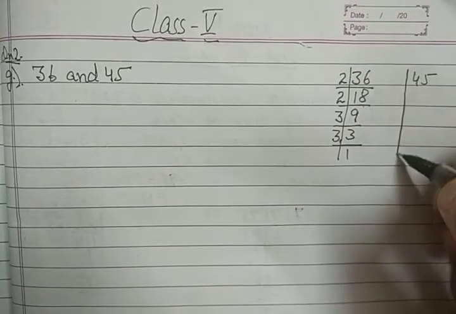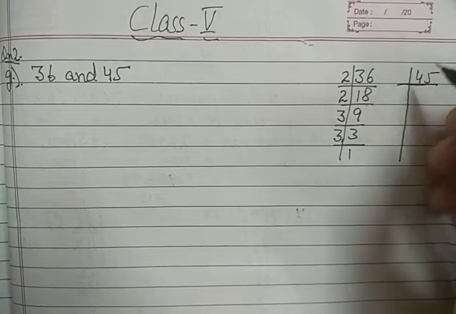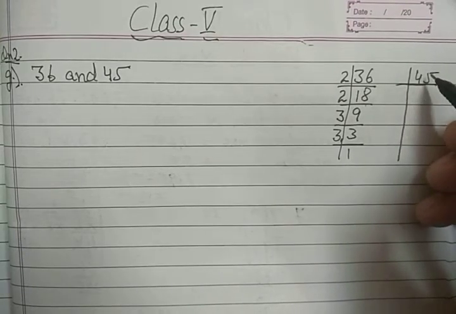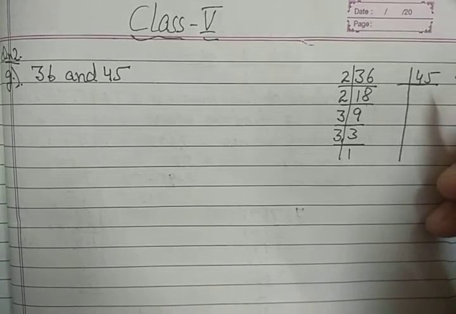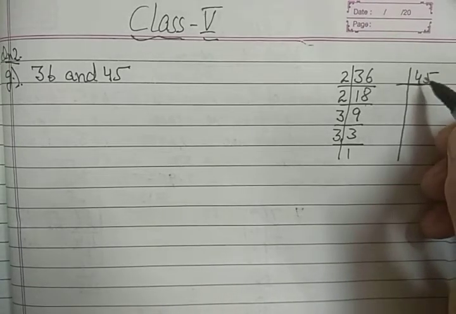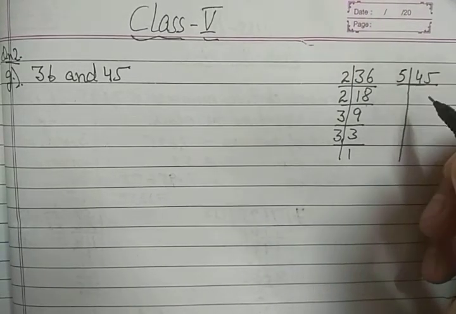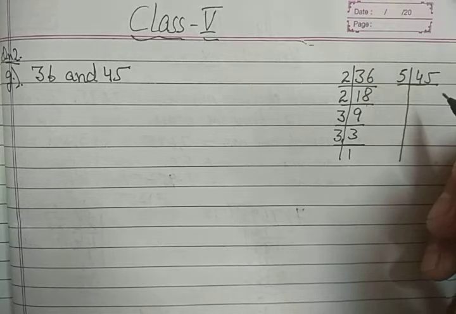Now we will do the prime factorization of 45. As I have already told you, when the digit at the ones place is 5 or 0, the number will definitely come in the table of 5. So we will divide it by 5, because 5 is a prime number, and in prime factorization we use only prime numbers.